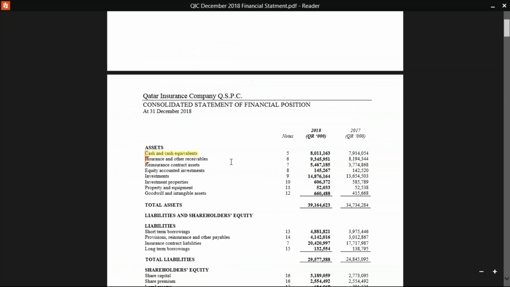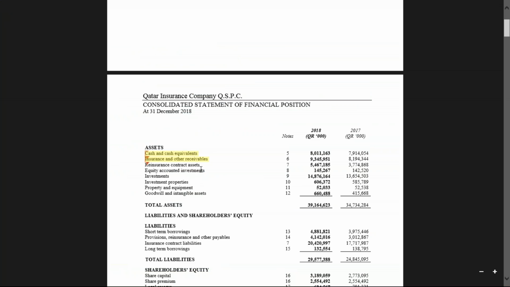If you go back over here, you see that there are equity accounted investments.